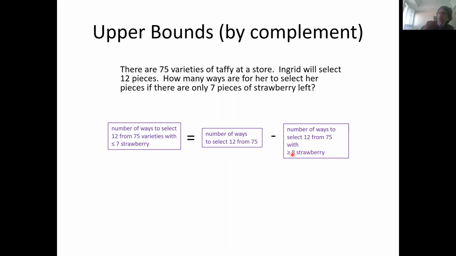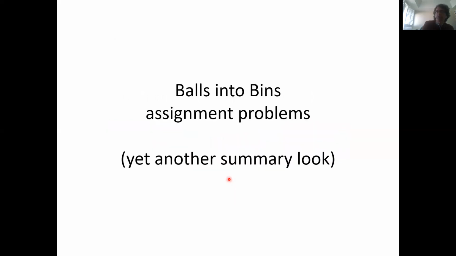In other words, subtract those where the number of strawberry flavored is at least 8. And you know how to do that, right? Because you waste 8 out of 12 to satisfy this constraint, and so you effectively have 4 candies left to distribute among 75 types, and that counts this, whereas this is the original formula: you have 12 and you're choosing from 75 types. So the same application.